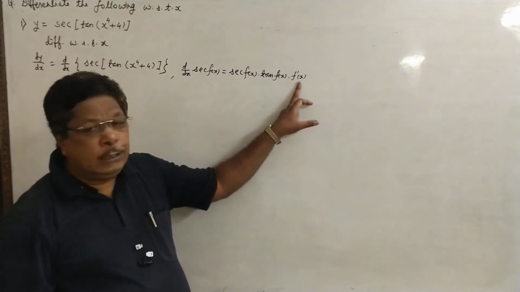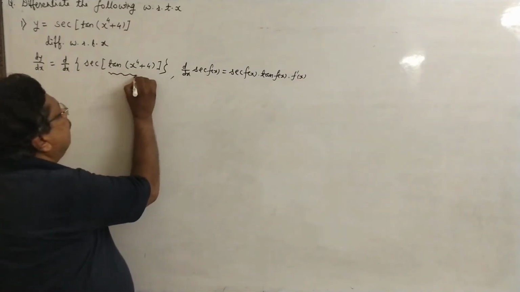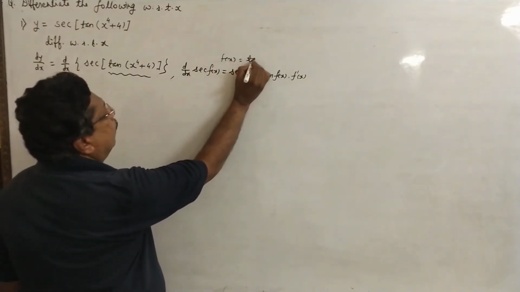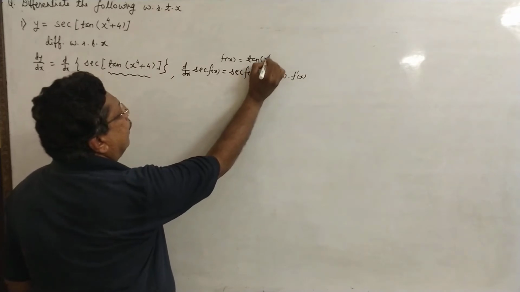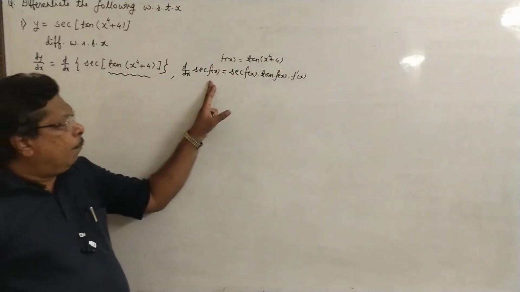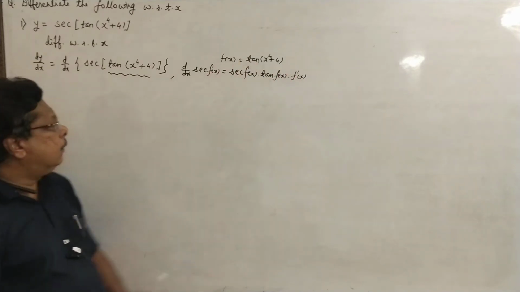F dash x means derivative of fx. What is fx here? Fx is equal to tan x raised to 4 plus 4.